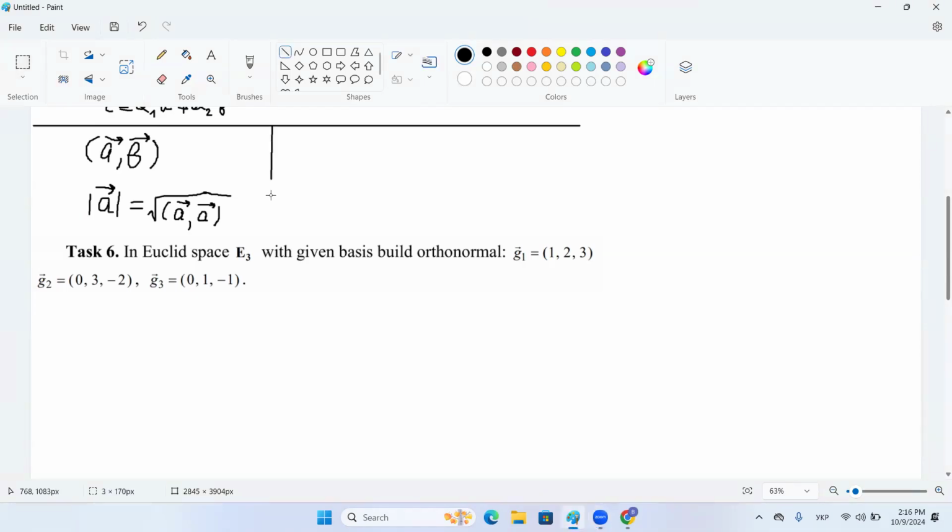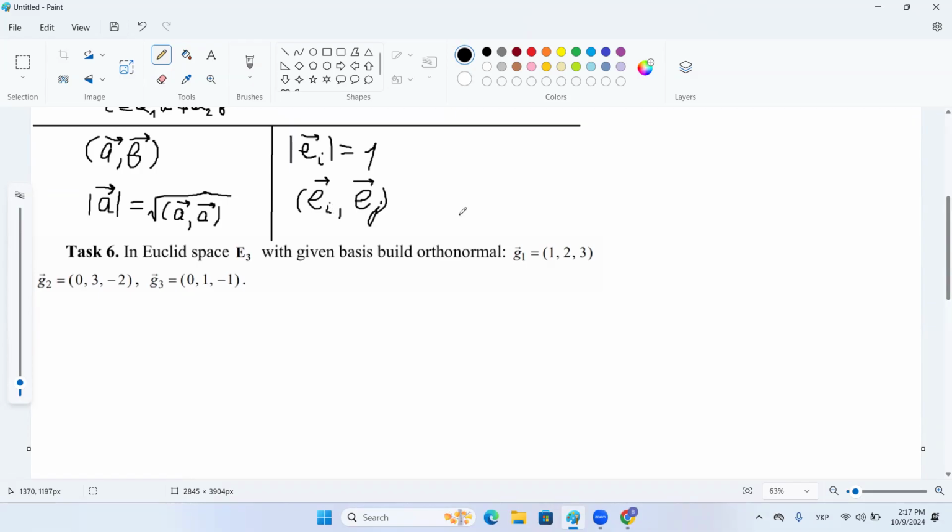Okay, so an orthonormal basis is a basis of elements e_i for which the magnitudes are equal to 1 and the scalar product of such vectors e with index i and e with index j equals 0 if i doesn't equal j.